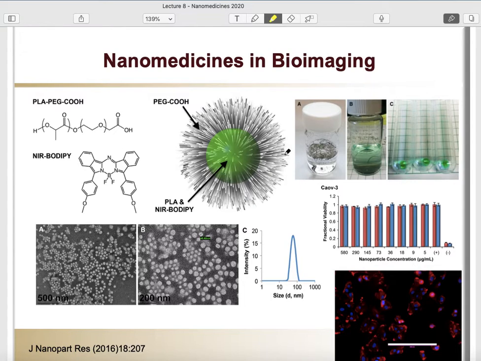And one key thing here is that this dye is so hydrophobic that if you put it in water, it basically not only goes to the surface, but kind of climbs up the vial. It really does not want to be in contact with water. And so it could not be utilized for biomedical purposes unless it was put as part of a nanocarrier.